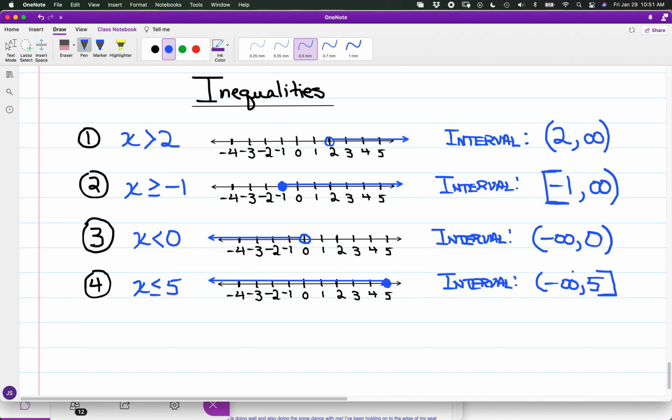Okay, and then we have another case. So far we've had the direction indicating either continuous increase or continuous decrease. But now let's say x is the set of all real numbers.